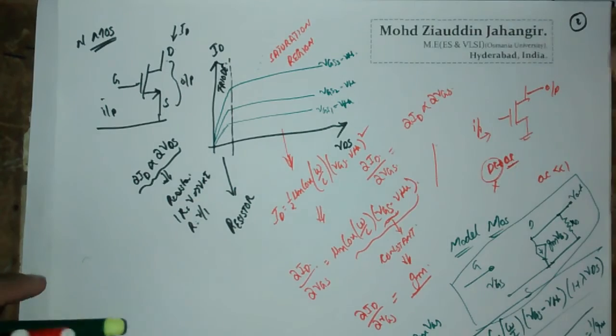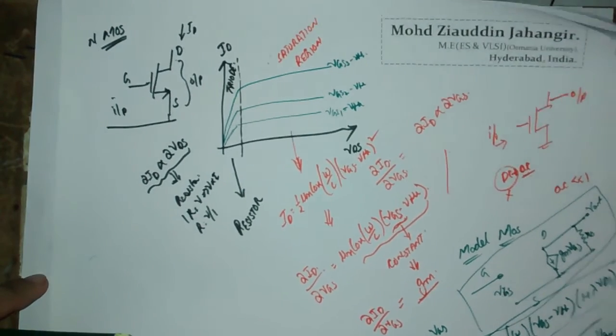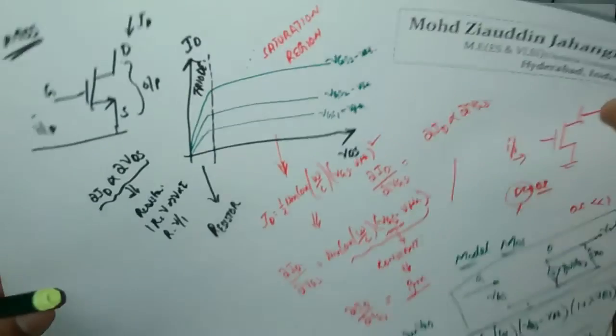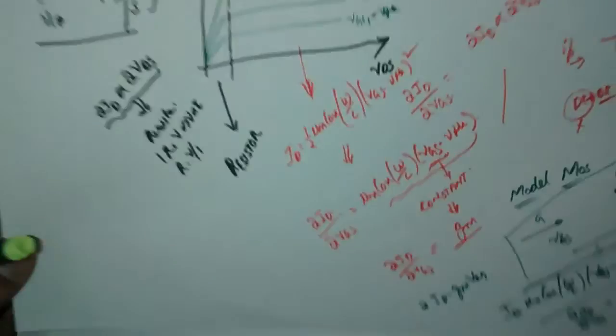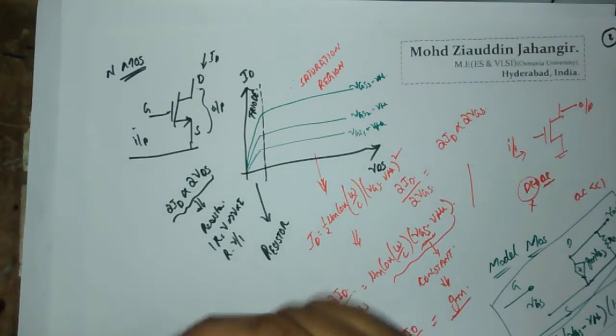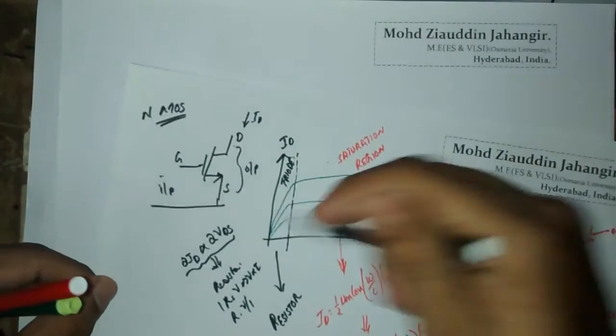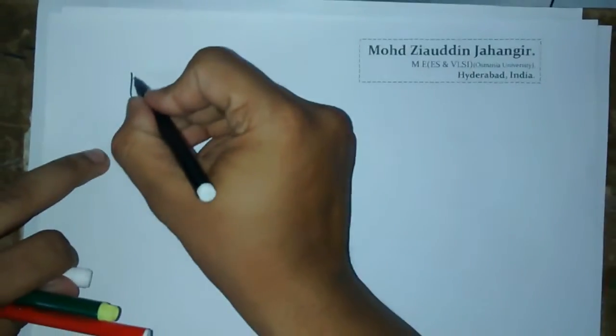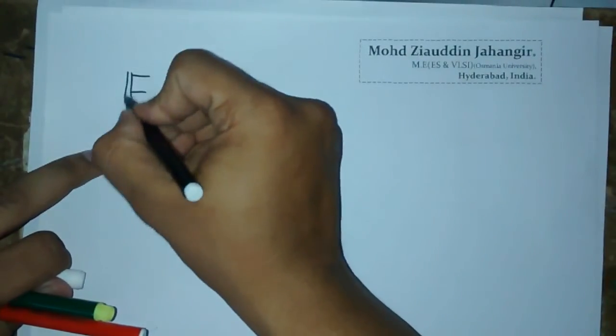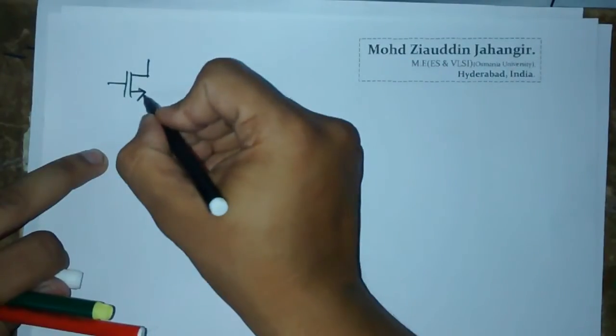So we have derived the MOSFET model, and let us use this model. First of all, let us see how we can make an amplifier out of this MOSFET. So this is the NMOS you have.